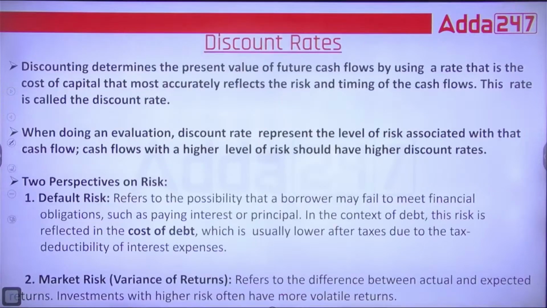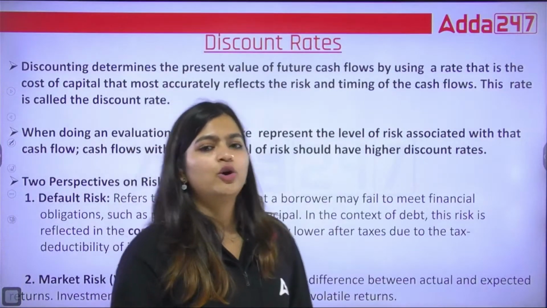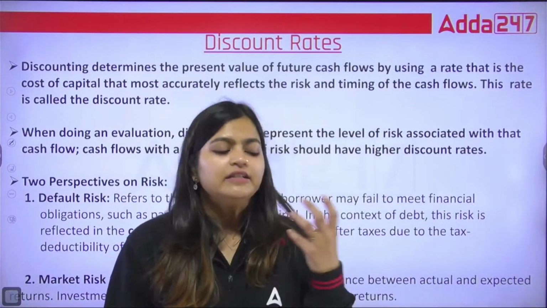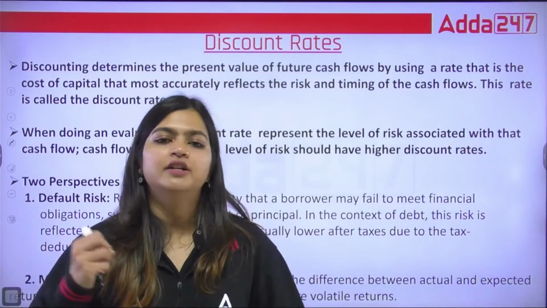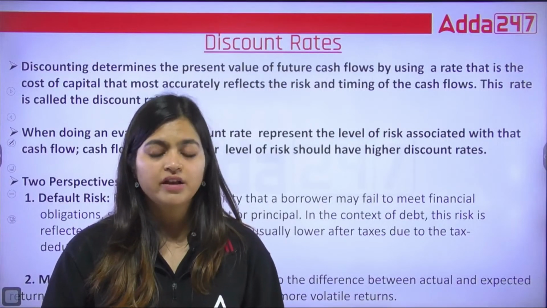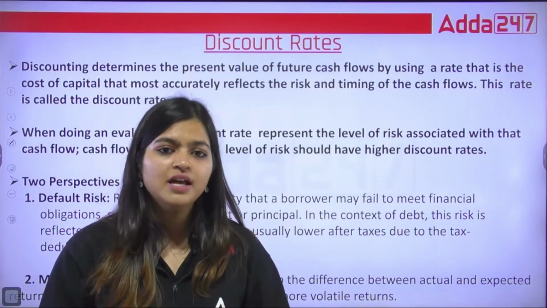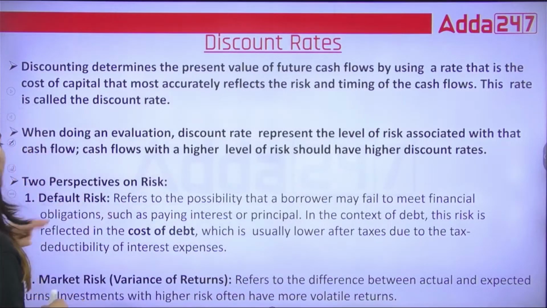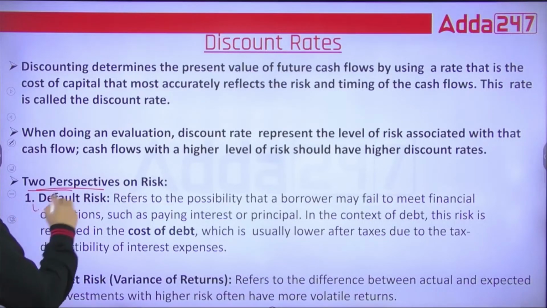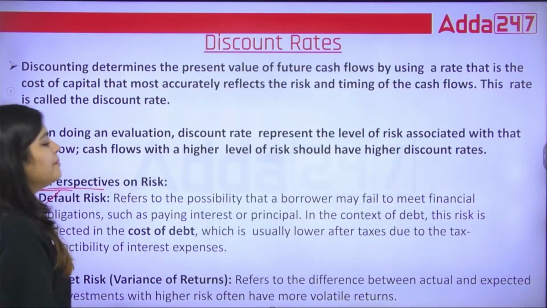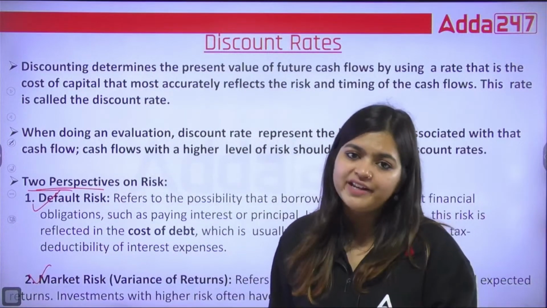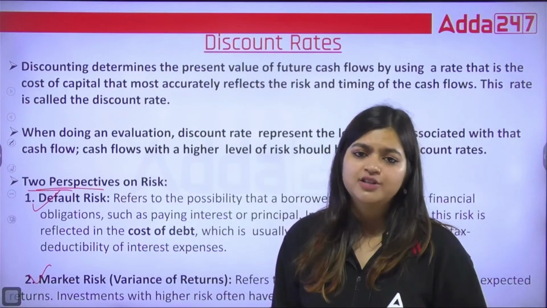Next is your discount rate. As I already told you, for the discount rate, we need to adjust for different internal and external sources, different risks, different scenarios, correct? For understanding, we need to include all these things. So majorly, we divide this risk into two perspectives. One is your default risk, next is your market risk. Default risk means: in case of failure, what are the chances of failure?